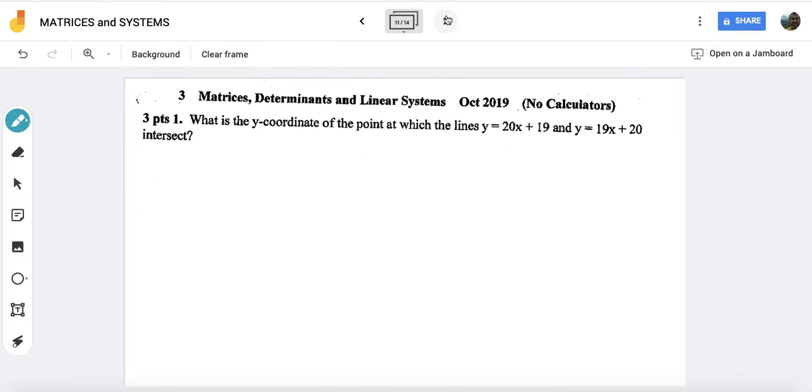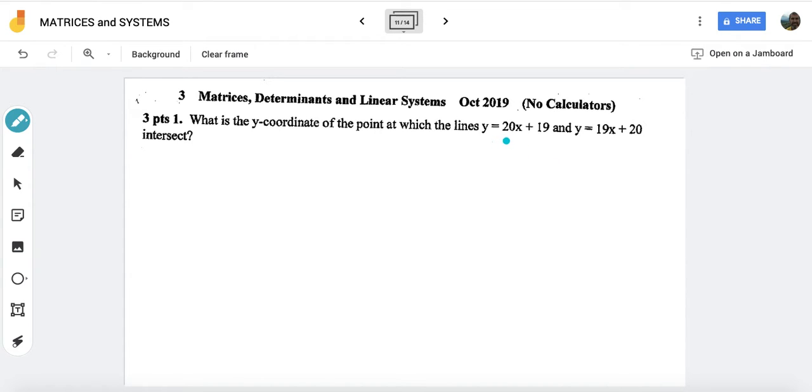The other style of question they said would be a system of linear equations. So here's a system. We have y equals 20x plus 19 and y equals 19x plus 20. Think about the different ways that you use to solve systems of equations in Algebra 1 and Algebra 2. You have substitution, you have addition, subtraction, multiplication.